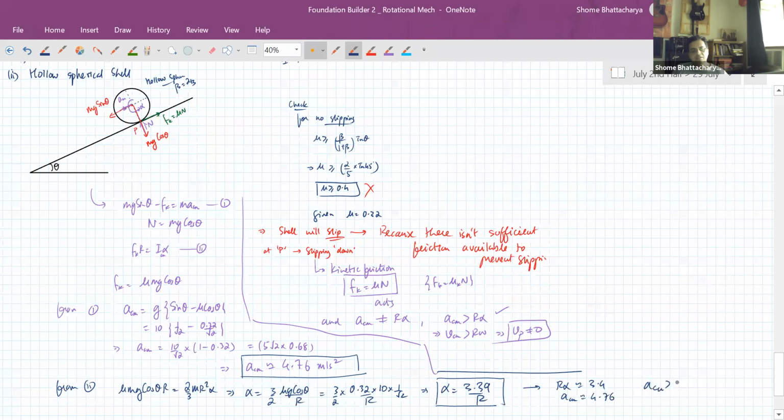So ACM is greater than R alpha. Slipping is occurring as expected. Friction is not able to cut down the value of ACM and give it sufficient spin so that the point of contact is not slipping, because in the first case, that was what was happening.